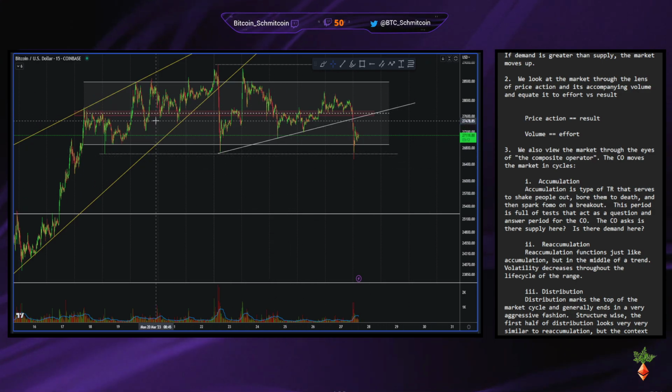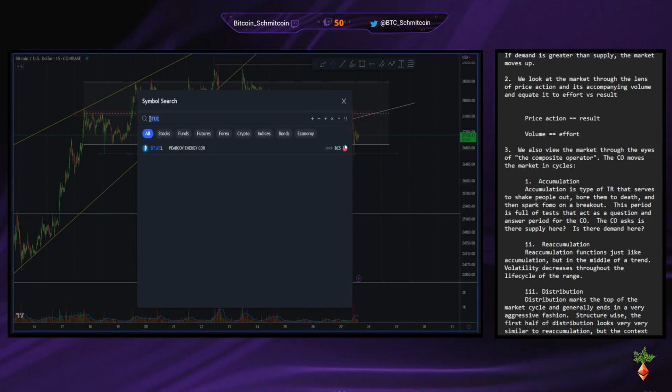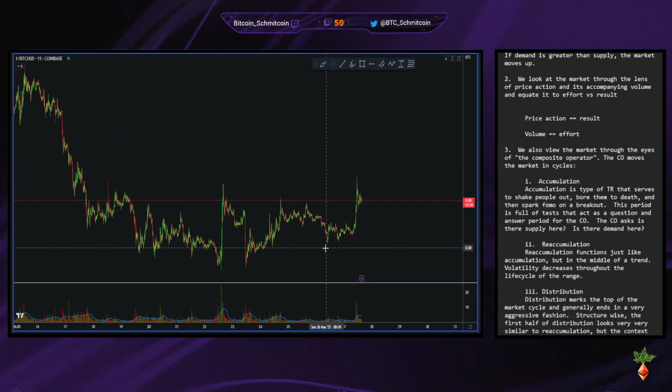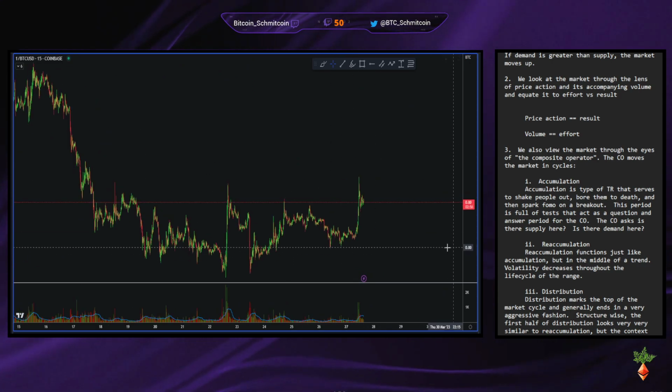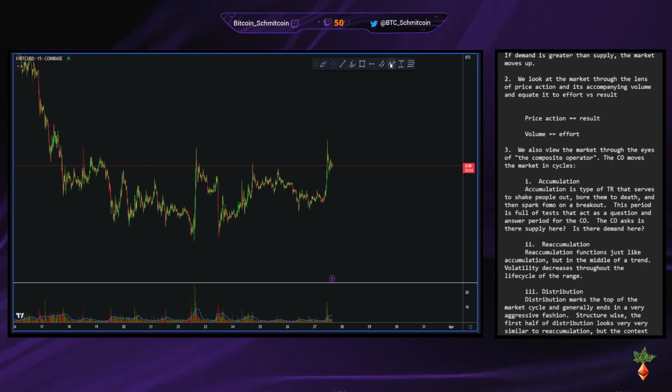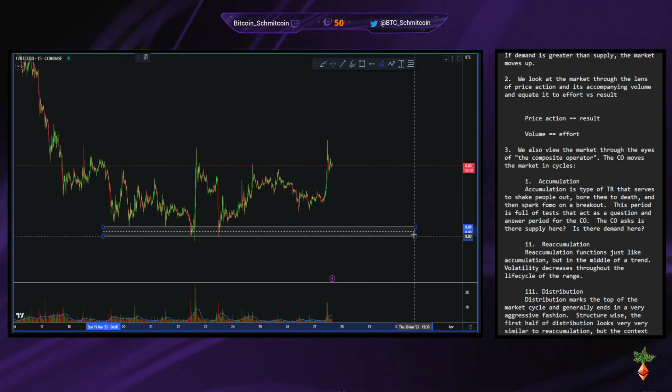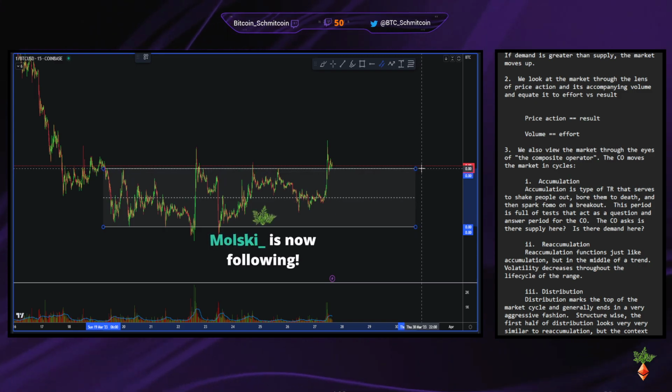So if we look at this upside down, this looks like an accumulation trading range that's about to go into markup.